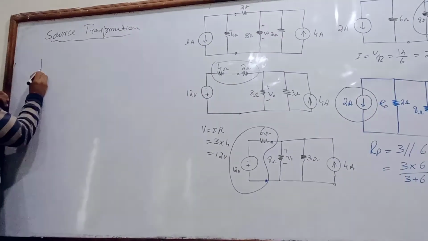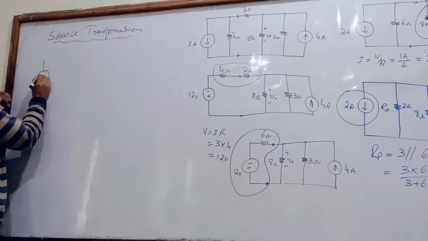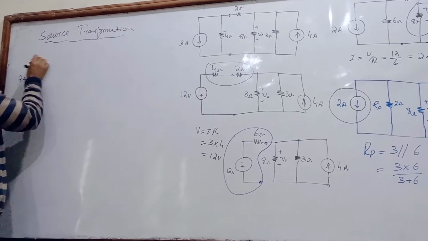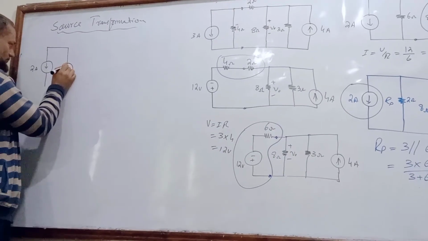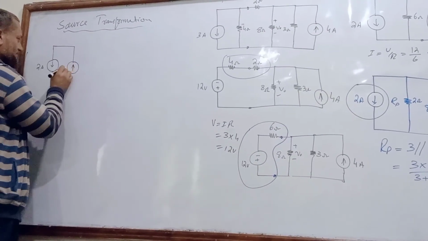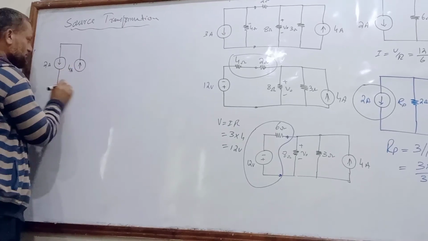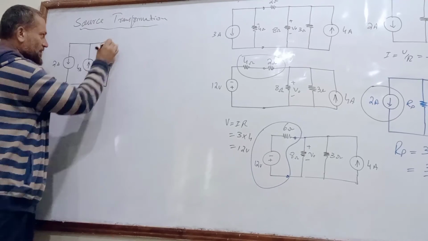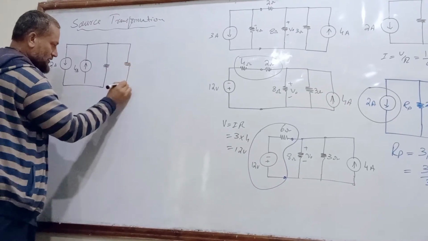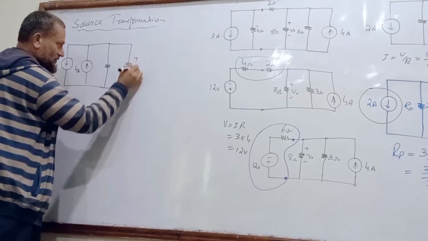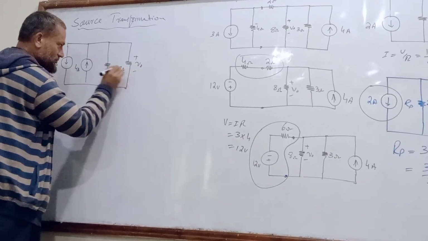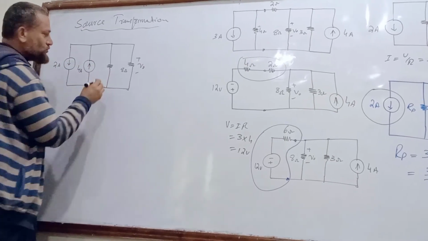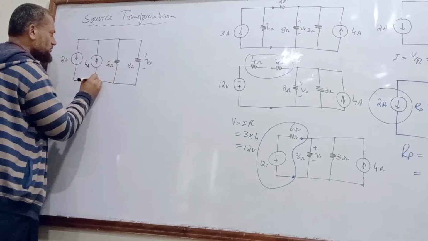So look at over here. One source of current is 2 ampere. Another source of current is 4 ampere. And two resistances are connected in parallel: 8 ohm with plus minus V naught, and how much is this one? 2 ohm.